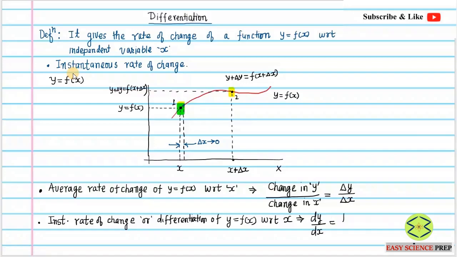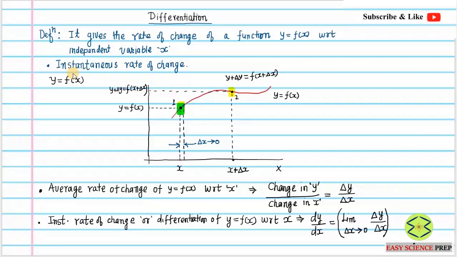This is nothing but, you have to make delta x very small, then this average rate of change will become instantaneous rate of change. So this is a very important point to remember here.